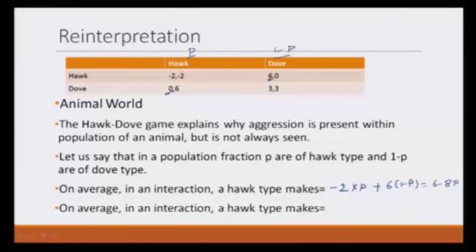So 0 multiplied by p, and the probability that the other animal would be of dove type is 1 minus p. In that case, the payoff to this dove type animal would be 3, with probability 1 minus p, so 3 multiplied by 1 minus p. So 0 multiplied by p plus 3 multiplied by 1 minus p, so we are saying 3 minus 3p.